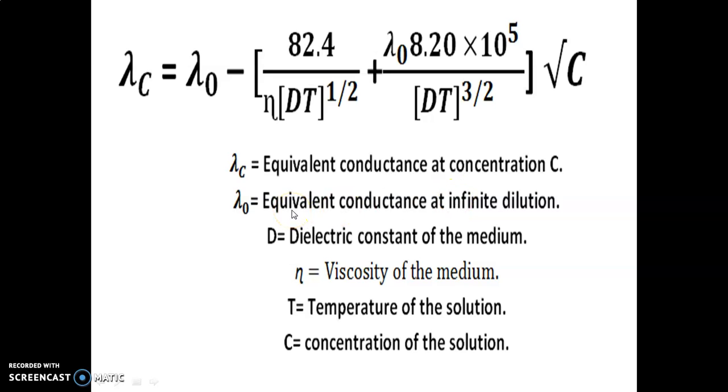Lambda naught means equivalent or molar conductance at infinite dilution. D means dielectric constant, eta means viscosity of the medium, T means temperature of the solution, c means concentration of the solution. It is called Debye-Huckel-Onsager equation.